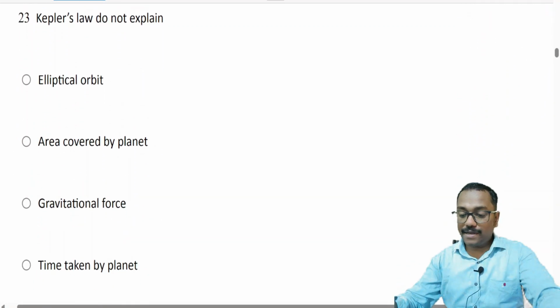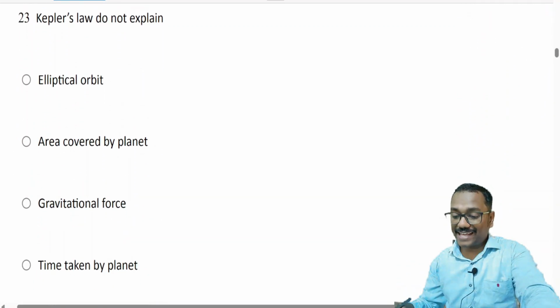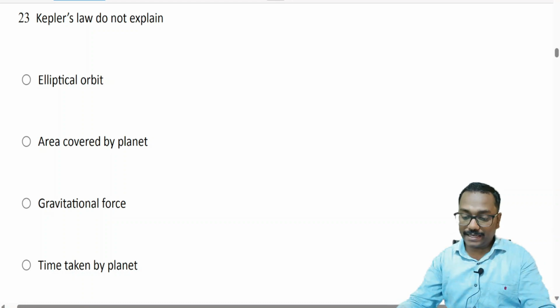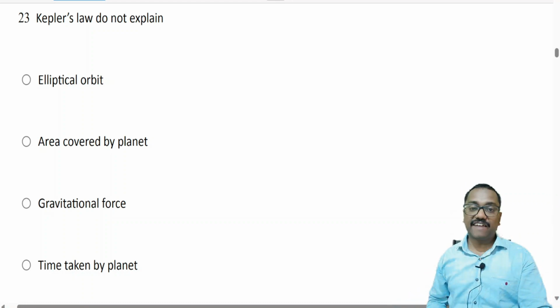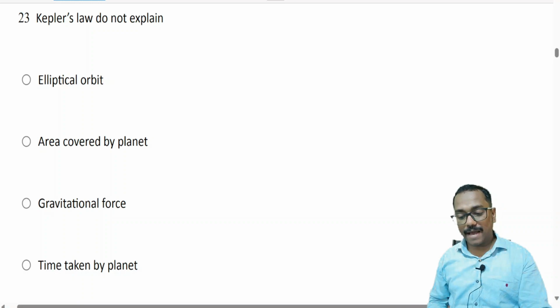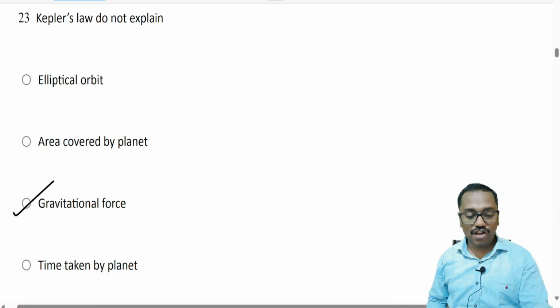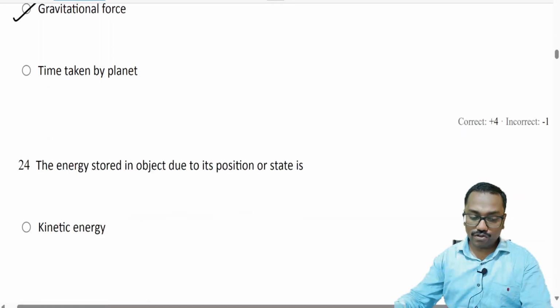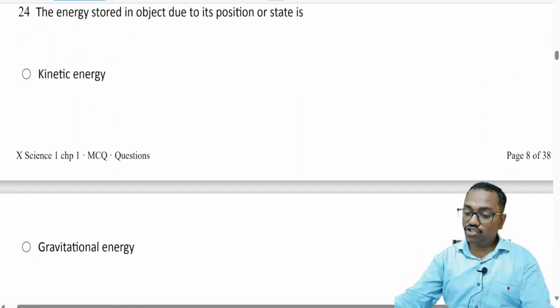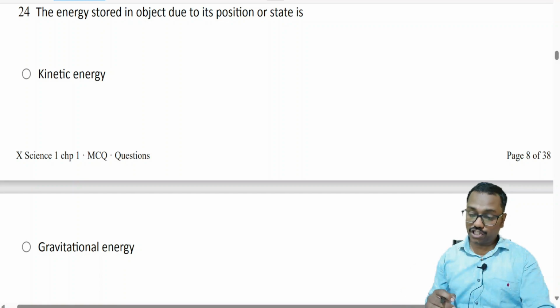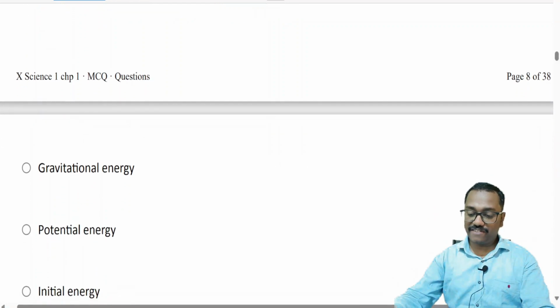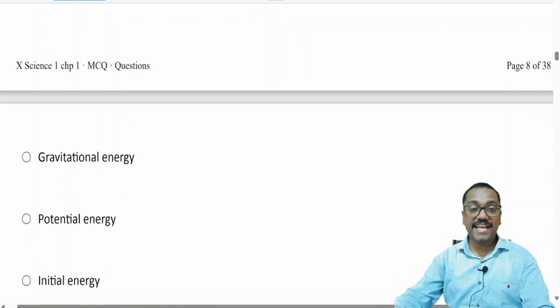23rd. Kepler's law do not explain the electrical orbit, area covered by planet, gravitational force and time taken by planet. So we already know that he was not able to explain gravitational force. 24th. The energy stored in an object due to its position is kinetic energy, gravitational energy, potential energy and initial energy.